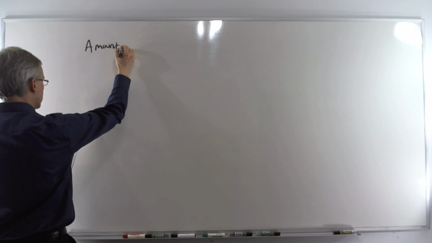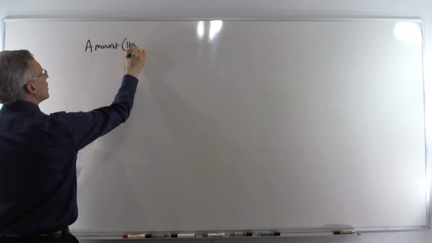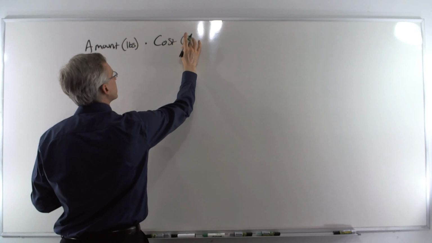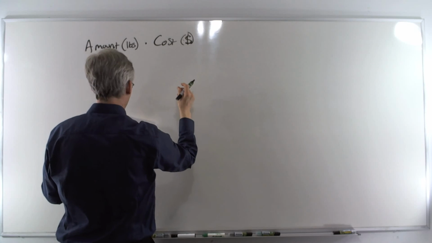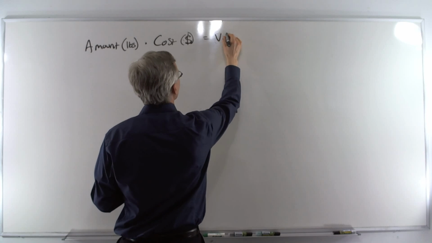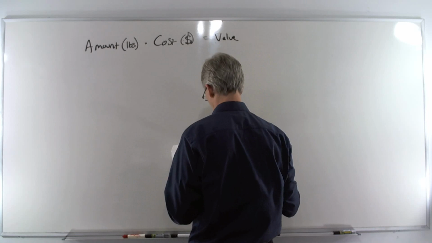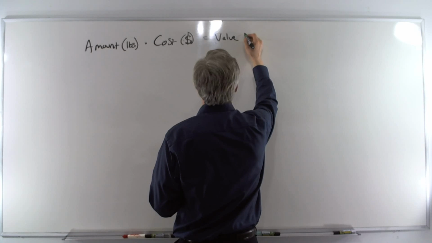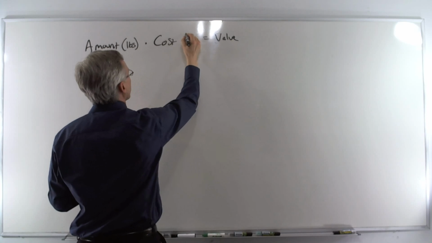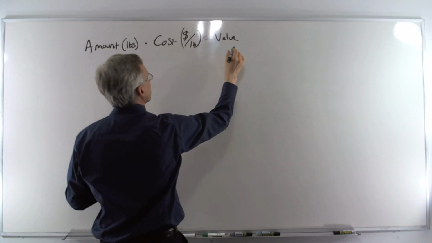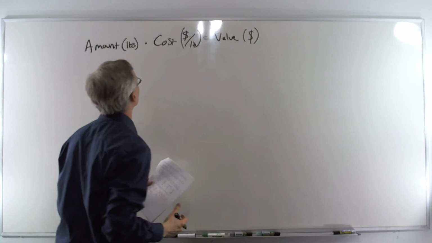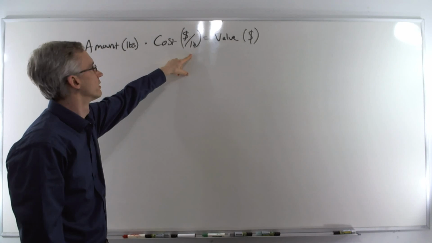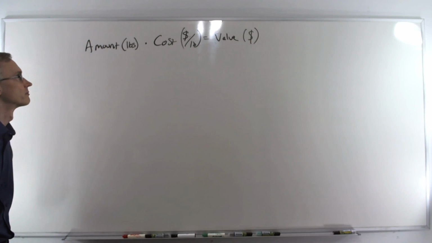So the amount in pounds times the cost in dollars per pound equals the value, which is in dollars.